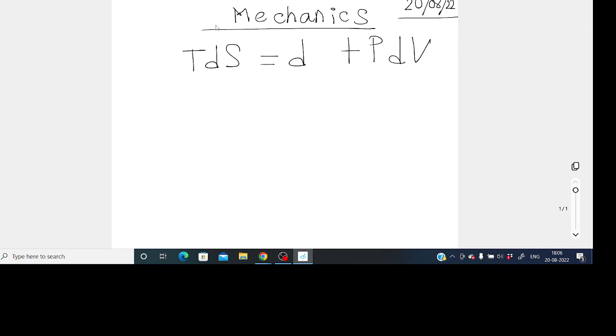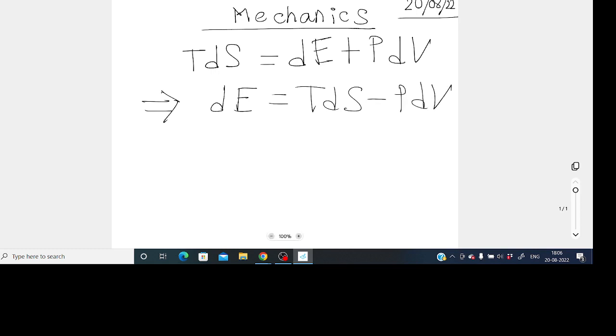Now I am writing this internal energy by E. There may be other terms also in this expression, as you know, there may be one more term like mu dN.